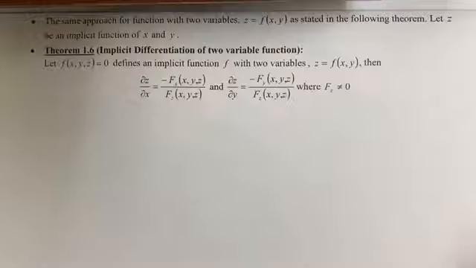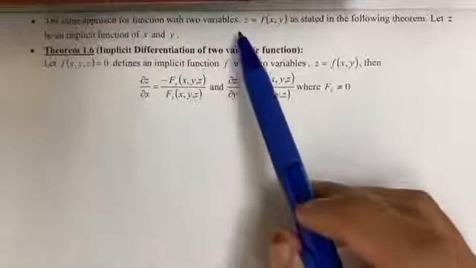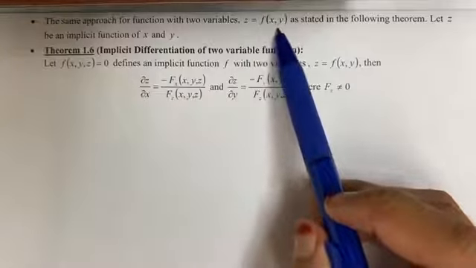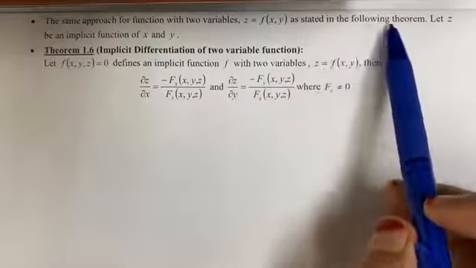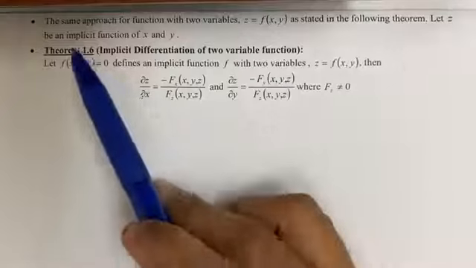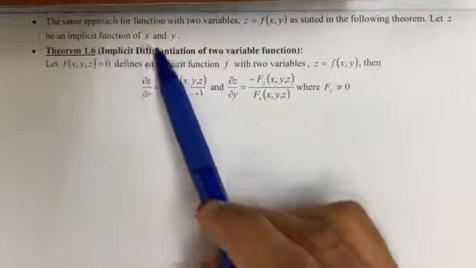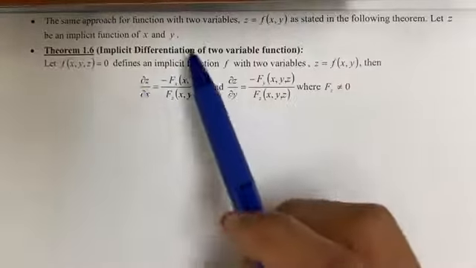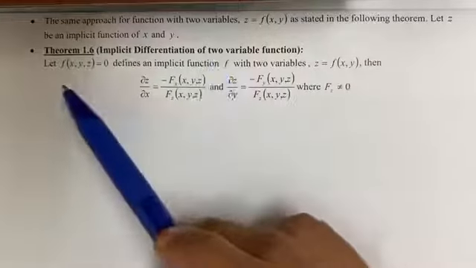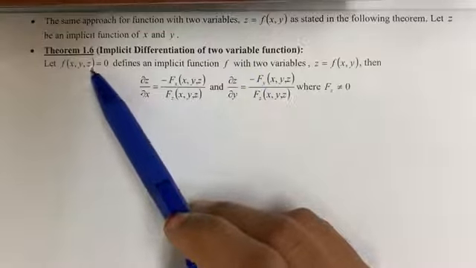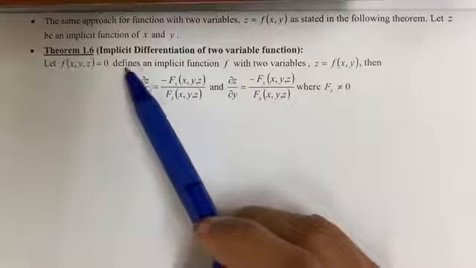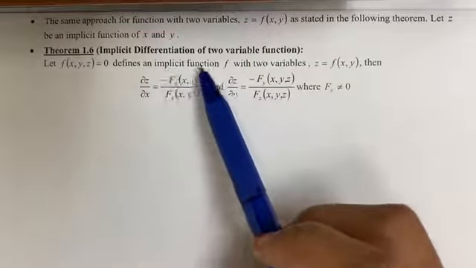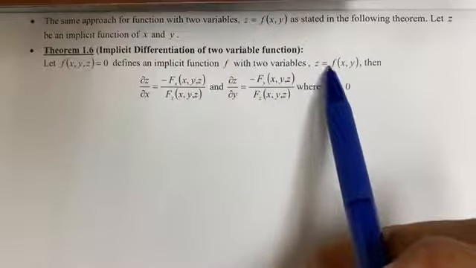The same approach applies to a function with two variables, z equal to f(x,y), as stated in the following theorem. Okay, moving to theorem 1.6, implicit differentiation of two variable functions. Let f(x,y,z) equal to 0 define an implicit function with two variables, z equal to f(x,y).